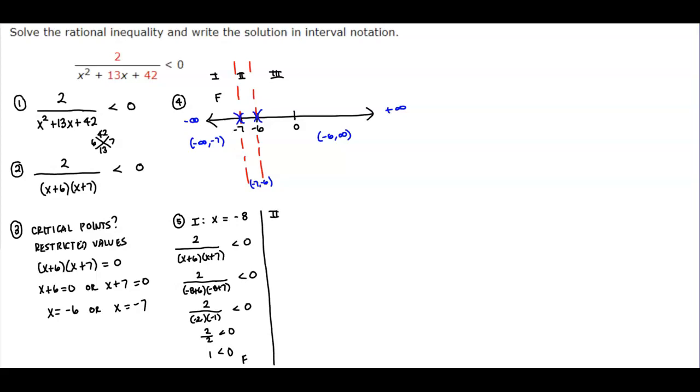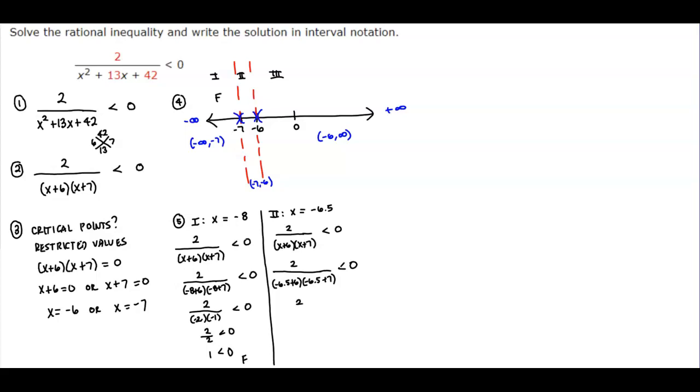And so in region number 2, we can pick the value of x equal to negative 6.5, since it's in between those two values. So again, using the inequality, 2 over x plus 6 times x plus 7. So we have 2 over negative 6.5 plus 6 times negative 6.5 plus 7.